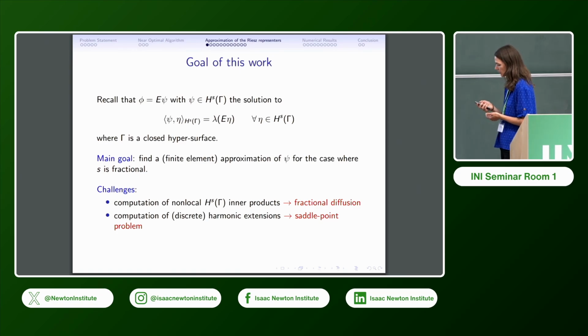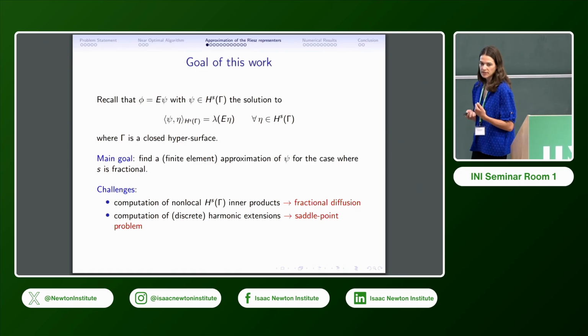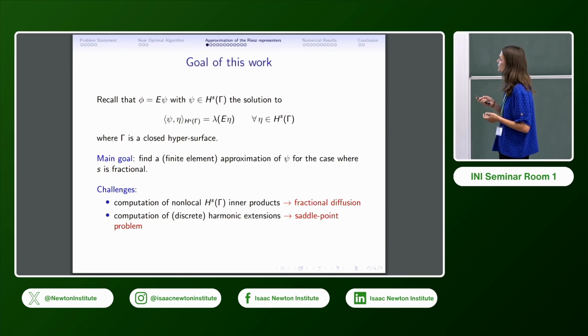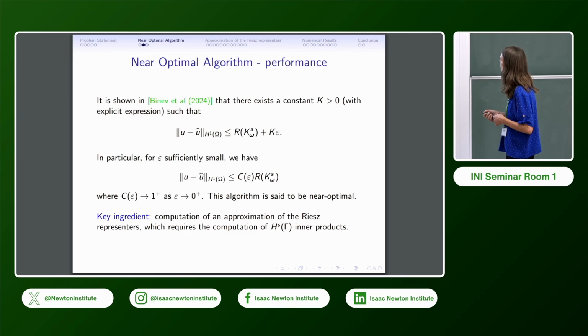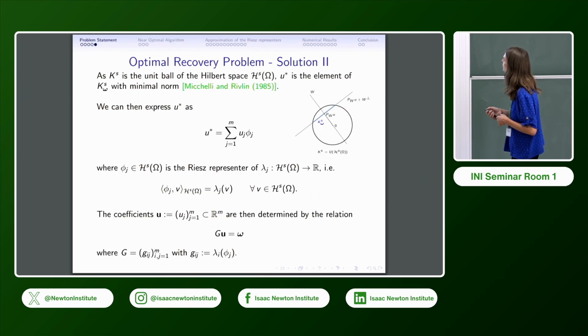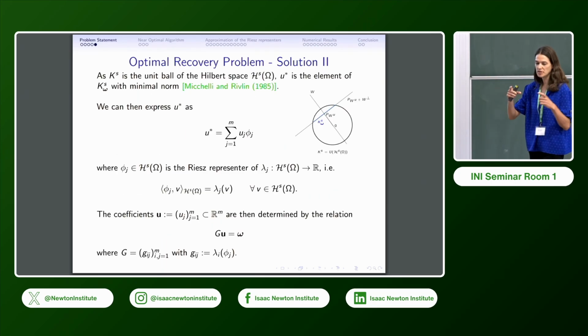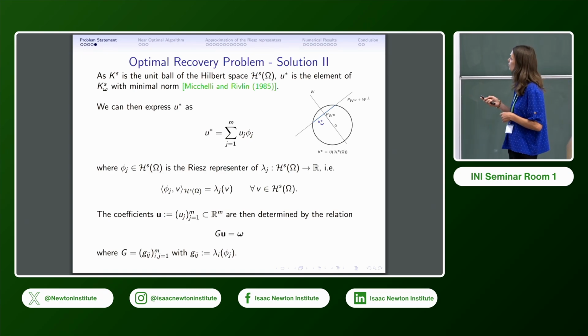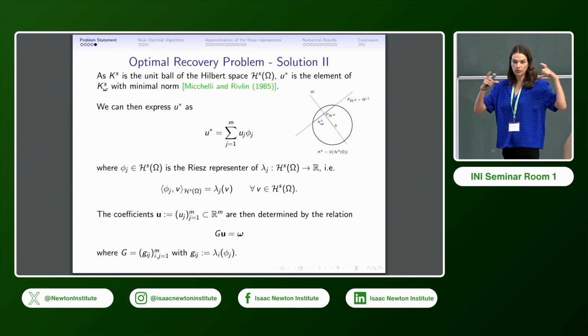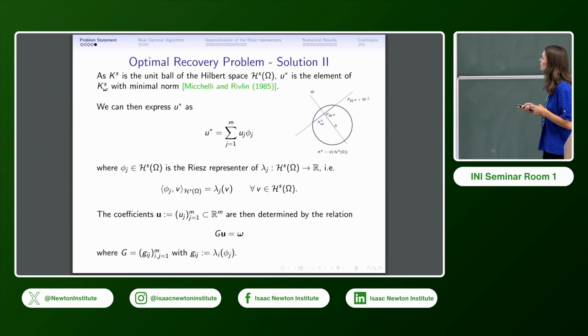Okay, so one thing I didn't mention so far is what is actually the norm that I'm considering on HS. And also, if I come back to one thing I wanted to say here, the Chebyshev center does not change if I change the norm. If I change the norm, basically what's going to happen, I'm going to change this unit ball, but the Chebyshev center will not change.